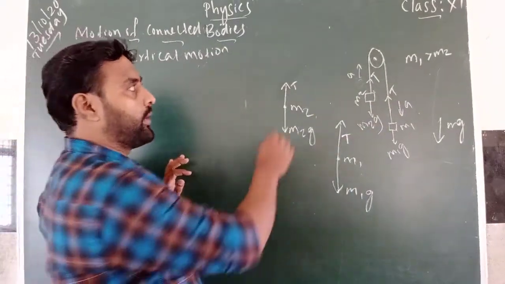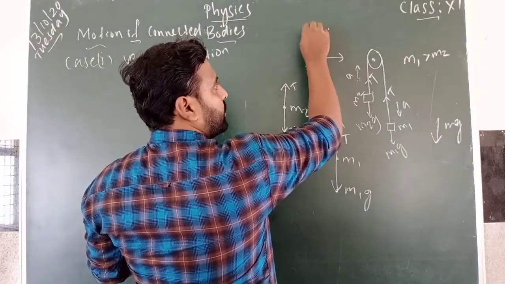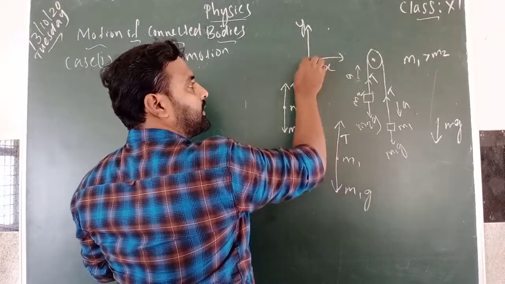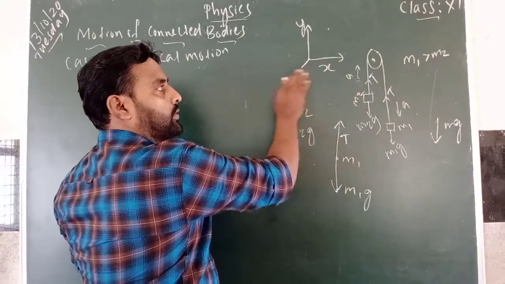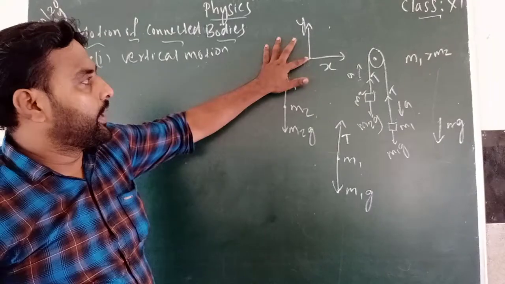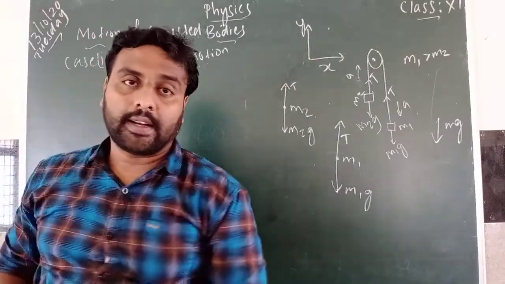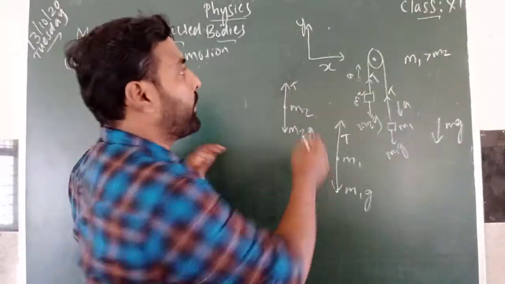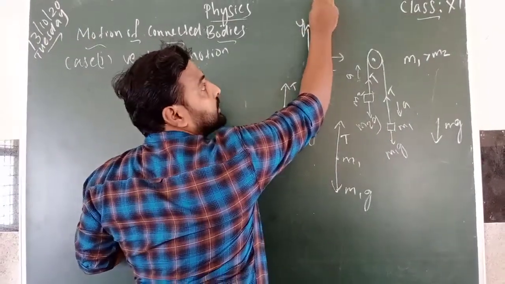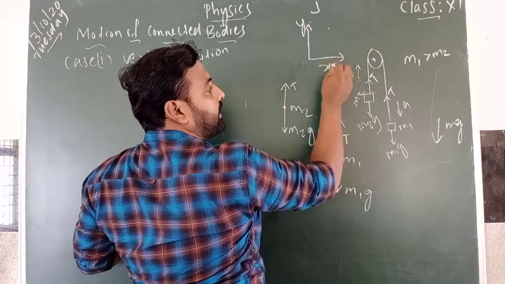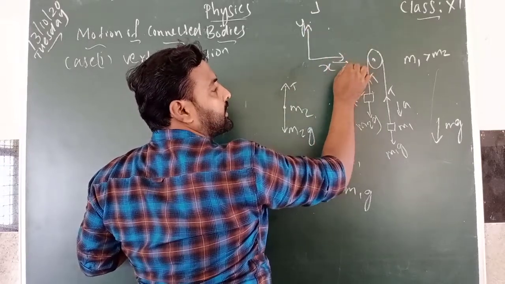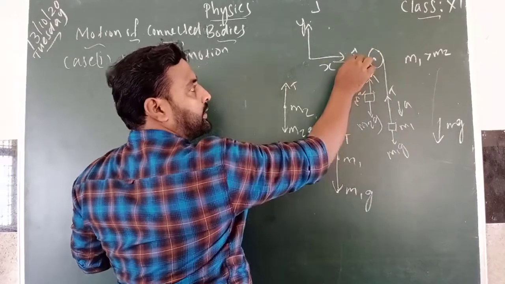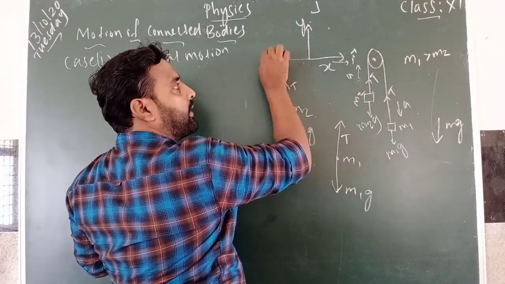And you know the unit vectors. Here we use unit vectors for the x direction and y direction. Z will also come, but here we need only x and y, so this is enough. Now y means the j vector, unit vector j. In this direction it is the i unit vector, plus sign, and in the opposite direction minus sign.